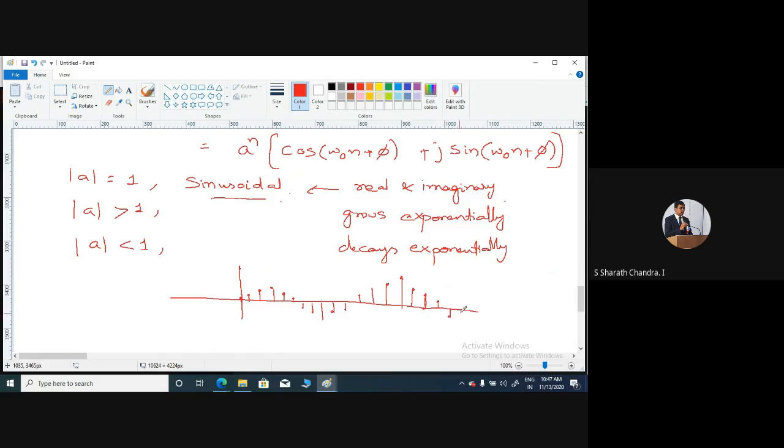You would see that the shape of the sinusoidal goes on increasing. This envelope says all about the growing exponential in this case. That's all. If you have any doubts, you can revert back.